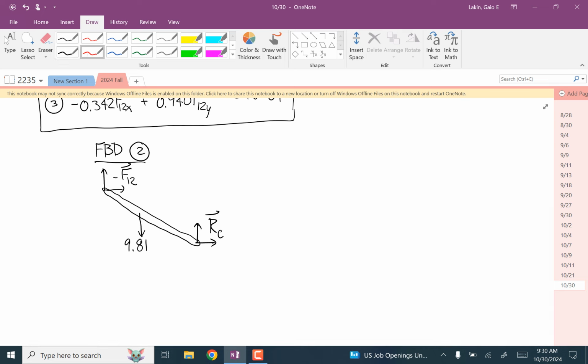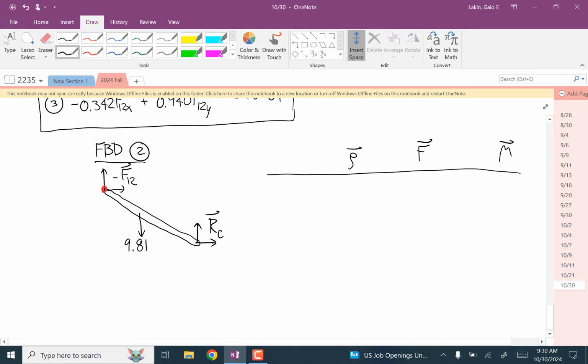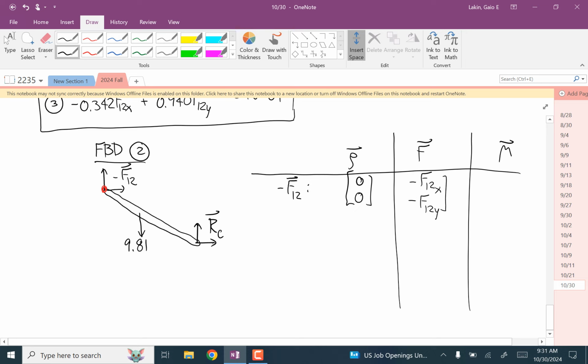I will put my about point here, I guess. So the force negative F12 has a rho vector of 0. The force is negative F12X, negative F12Y, crosses 0.